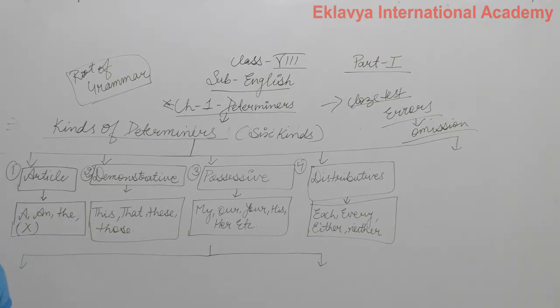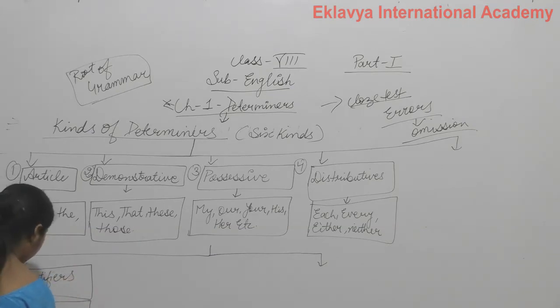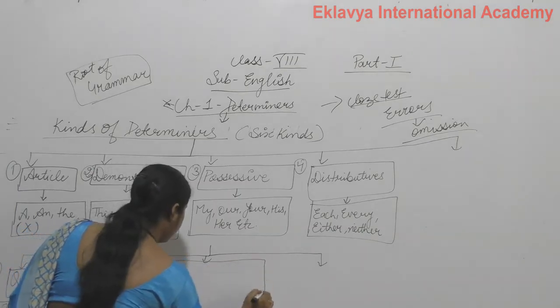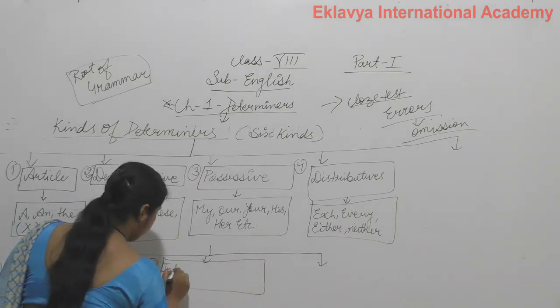Your fifth one is quantifiers. This consists of some, many, much, several, etc. And our last one, the sixth, is interrogative.